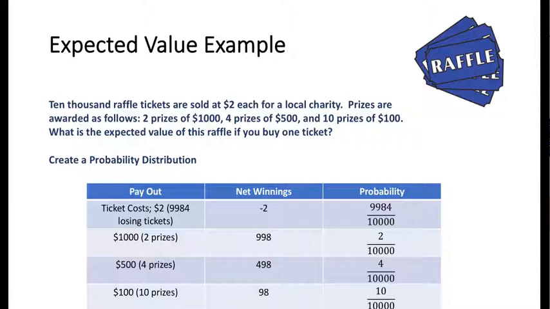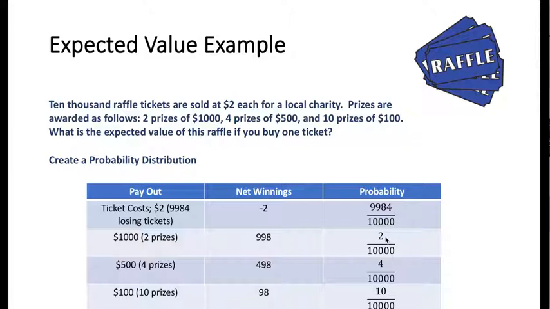So 10 plus 4 plus 2 adds up to 16. So there are 16 prizes. So that means there are 9,984 tickets that end up with no prizes. Do you understand? 16 plus 9,984 adds up to the 10,000 raffle tickets that were sold.